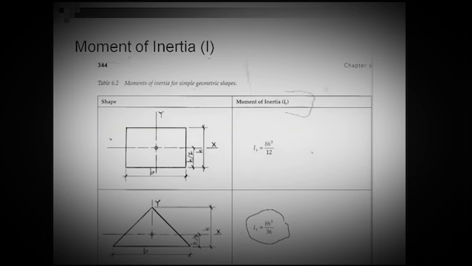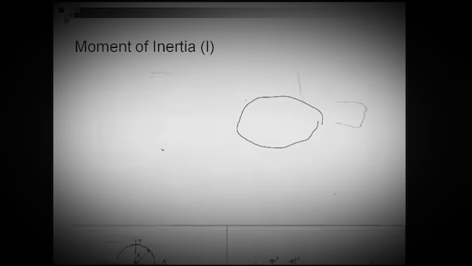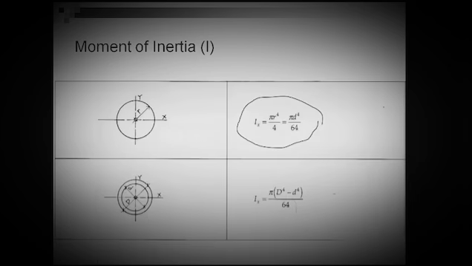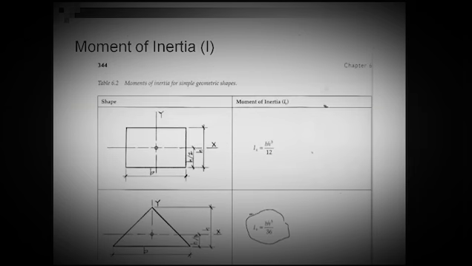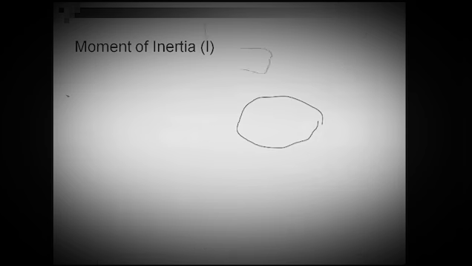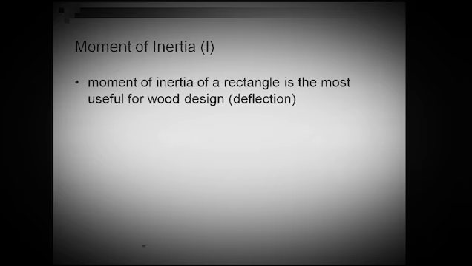Our common shapes are going to be the triangle, the rectangle, the solid circle, and the tube. I'm not going to spend so much time on that. They are presented on the slide. At a later date, you can print them and reproduce them on your paper. They're just equations we are going to use from this point onward.